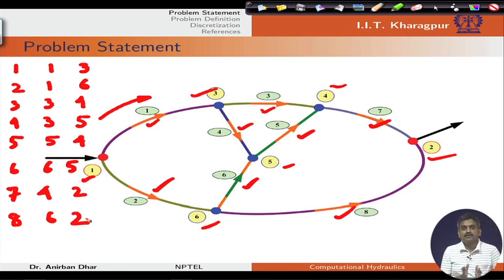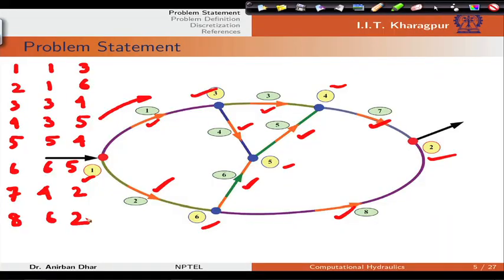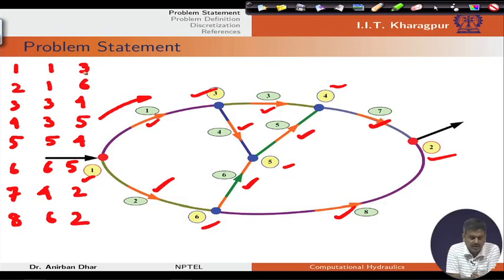So, this is the connectivity information or positive direction of flow. That means, from 1 to 3 we are considering that the flow is positive. So, this is junction 1 and this is JN2 and this is L or channel reach number.